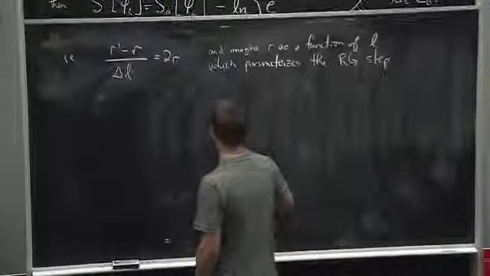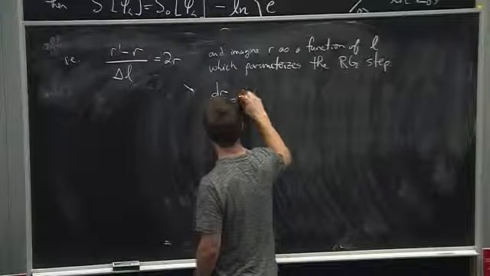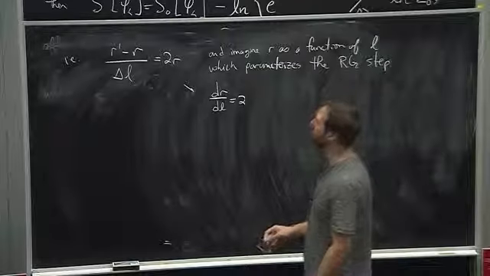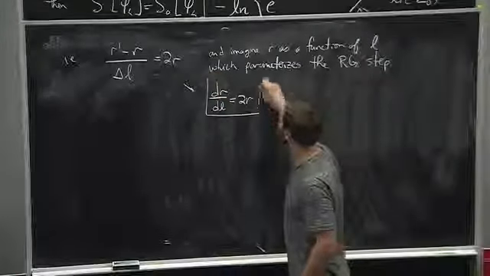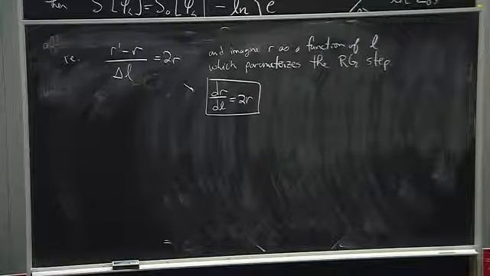So that equation's the same as writing 2r. And the fixed point is found by requiring that that derivative goes to 0. Basically, right? That's all it is.